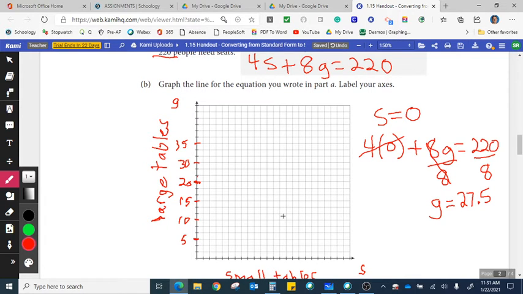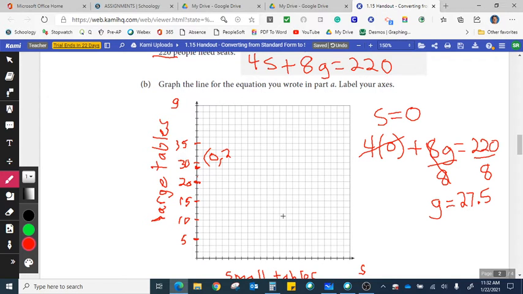You could have done every 5 was 5. It doesn't matter. Between 20 and 30, it's going to be closer to this, so it's going to be somewhere around right here. This would be a third, and then 2/3, so this is a little bit above 2/3. So this point is going to be 0 small tables.